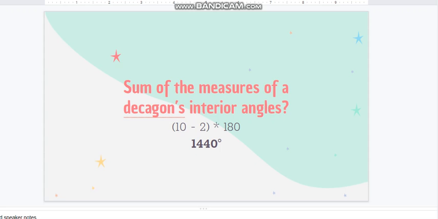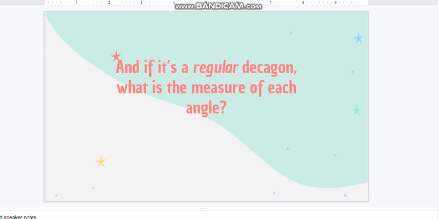If you skip down the page to number 3, that was exercise number 1. Now we're going to look at number 3. Number 3 says, what if that decagon is regular? If it's a regular decagon, what's the measure of each angle? Well, we know if it's a regular decagon, they're all going to be equal.